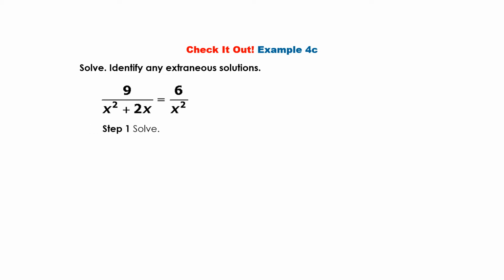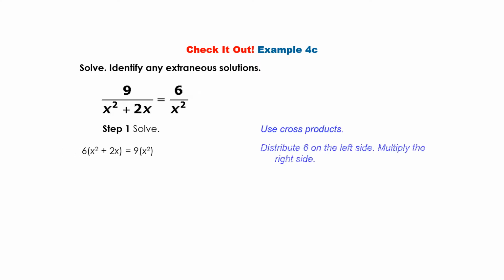Another one: 9 over x squared plus 2x equals 6 over x squared. Cross product. Then distribute 6 on the left side, multiply the right side. Then subtract 9x squared from both sides of the equation, and multiply through by negative 1.